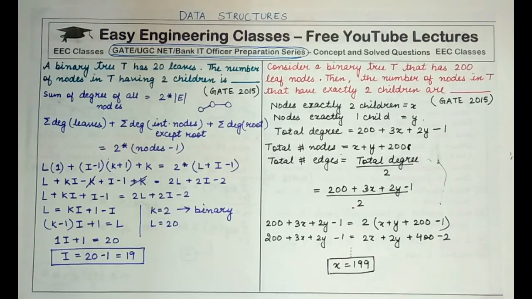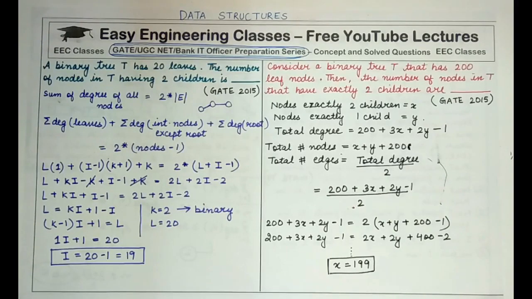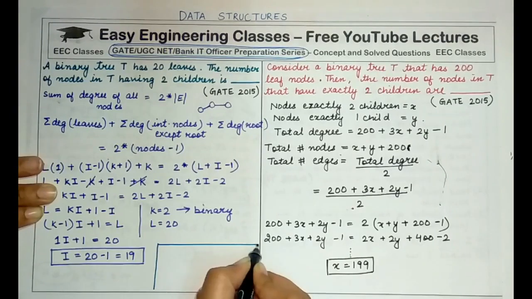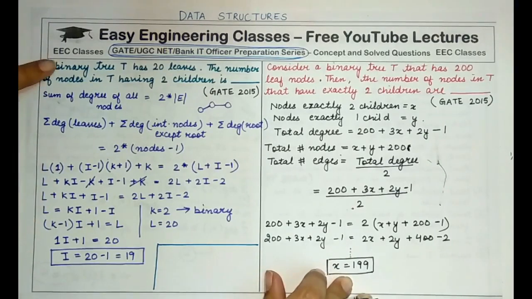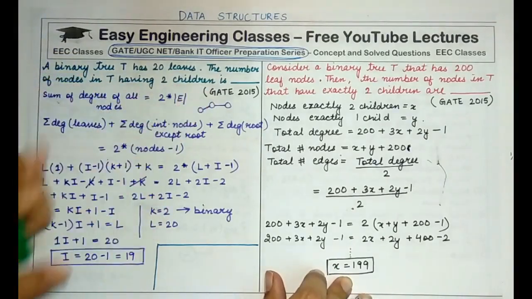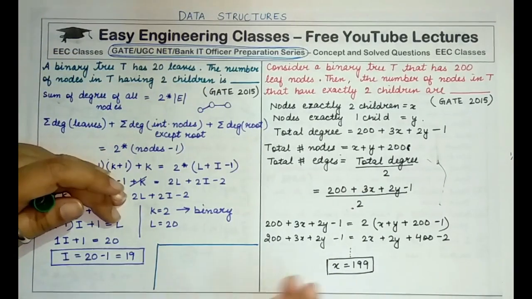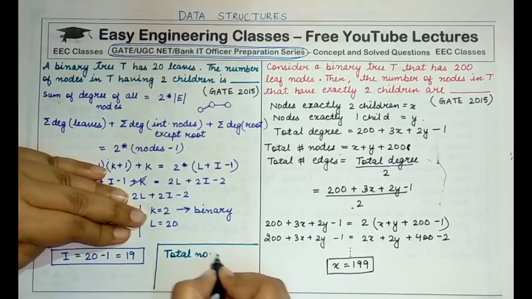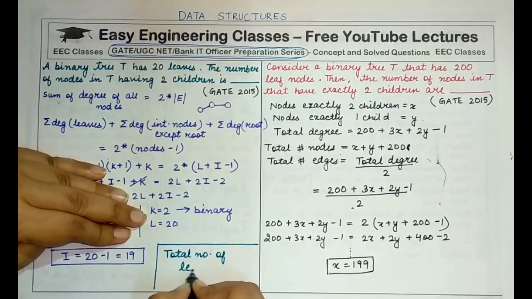In such questions, one major formula that you can safely assume is that if you are given the total number of leaves in a binary tree and you have to find the number of nodes having 2 children, the answer is the total number of leaves minus 1.